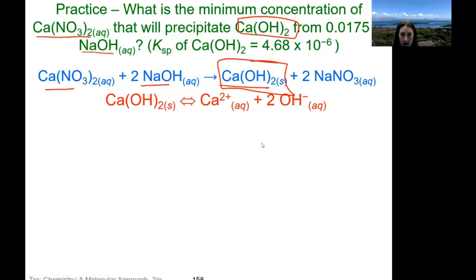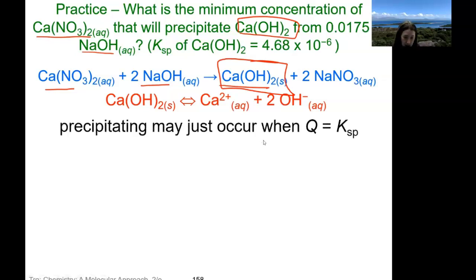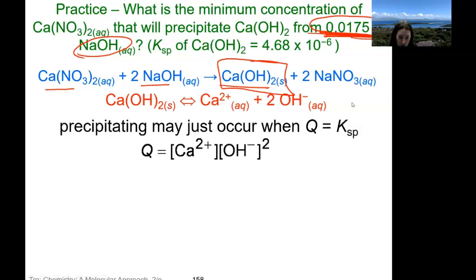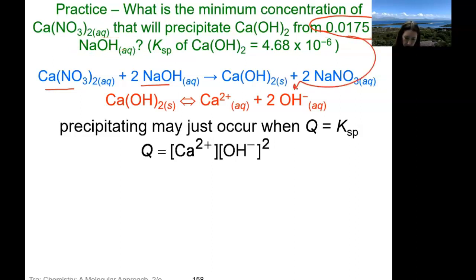So again, when we precipitate, Q is K, and we know how much OH we have because it says from this much NaOH. So we already know what our OH concentration is. It told us. So this concentration is our OH, which is this piece right here.